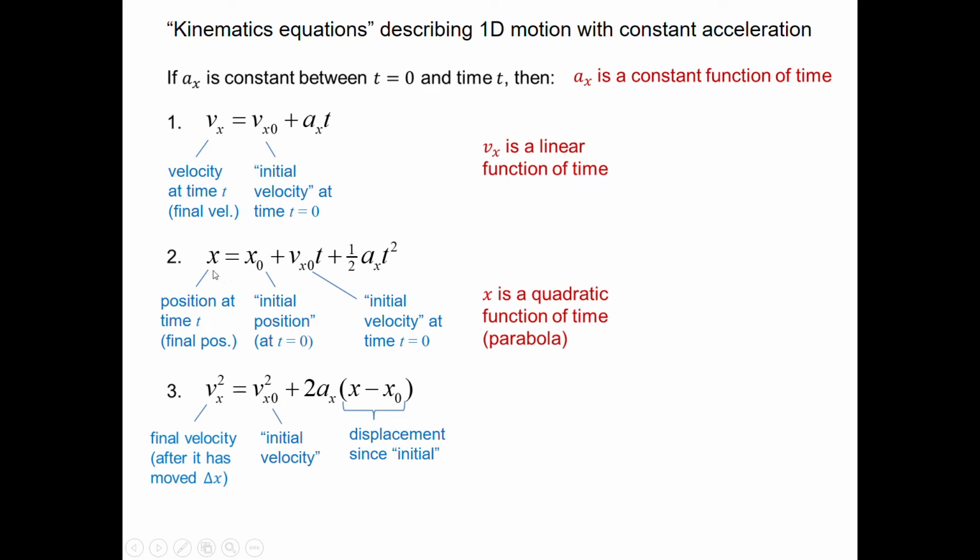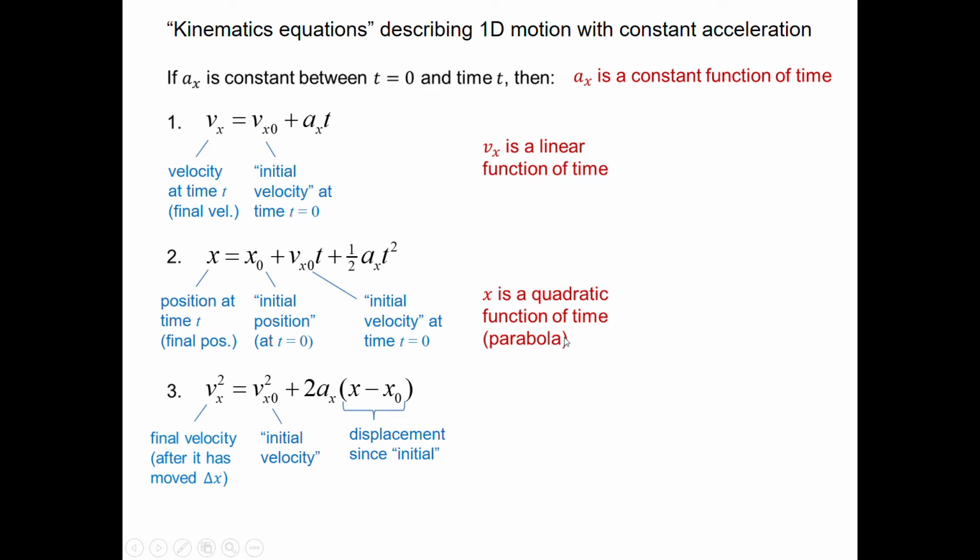And similarly, if we plot x versus t, x is on the vertical axis and t is our horizontal one. Normally we would think of the horizontal one as being x in an elementary math class, but just the names have changed here. When you have a constant times t squared plus a constant times t plus a constant, that's the equation for a parabola, or a quadratic function of time.